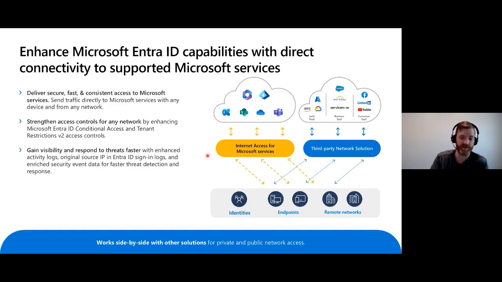We also support tunneling private access and internet access traffic. So if you want to do a full rip and replacement and just use GSA for everything, that is also supported. But I wanted to highlight the fact that you do not have to replace your third-party network solution if you don't want to.